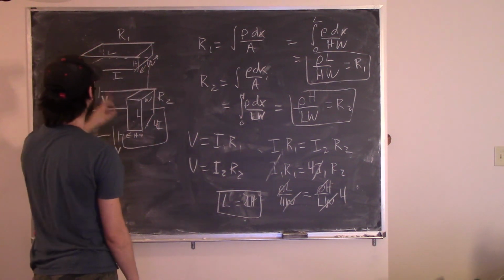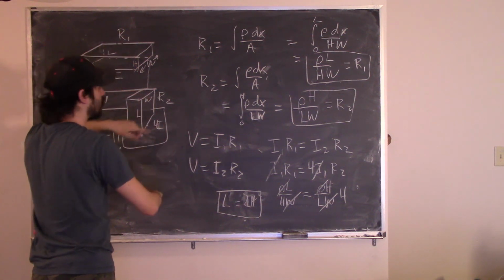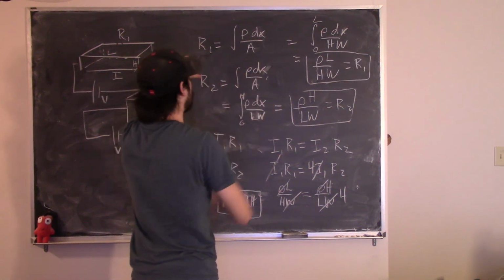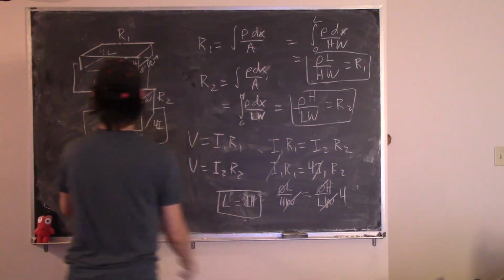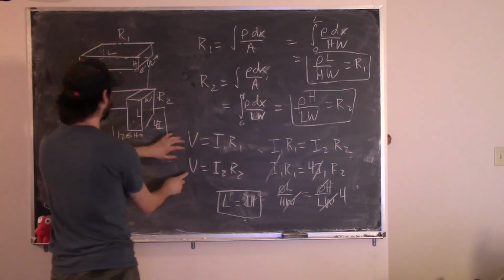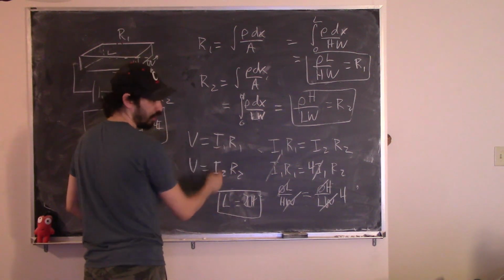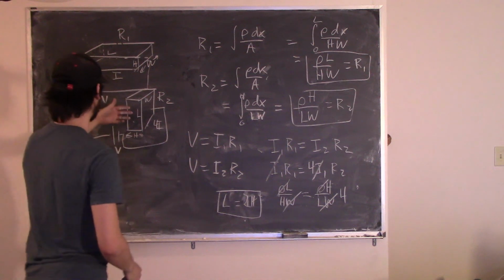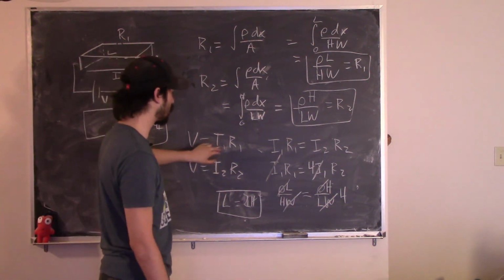And so what we wanted to do is calculate what the resistance is in this orientation and this orientation. And then when we calculate those 2 resistances, we know that we have the same potential difference across them, the same V. And then the problem tells us that the current through the resistor when it's vertical like this is going to be 4 times the current in this one.